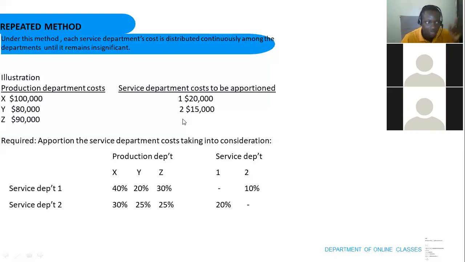We are using the repeated method. And I said for the repeated method, you must keep on sharing or apportioning the figures until they become insignificant. So the requirement says we should apportion the service department costs taking into consideration the following.